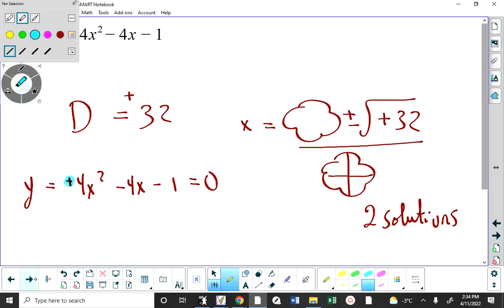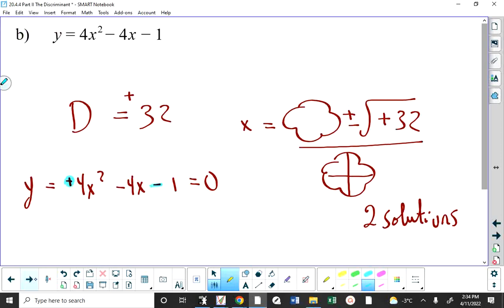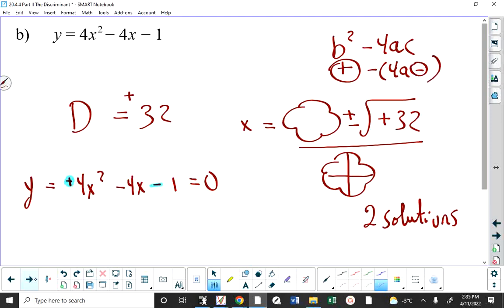If the first term is positive and the last term is negative, there will always be 2 solutions. Because b squared minus 4ac will be a positive number because you're squaring b, minus a negative number because c is negative. So whenever you have a positive a and a negative c, you are going to get 2 solutions, always.